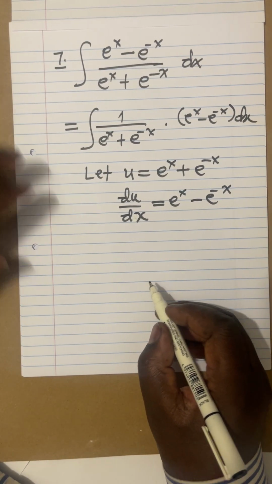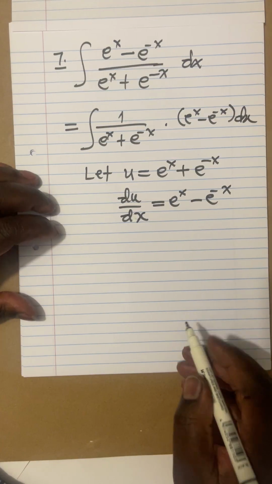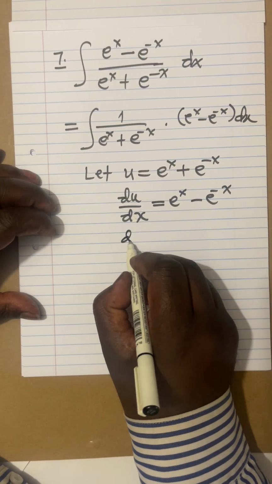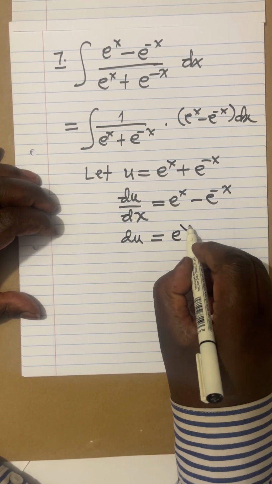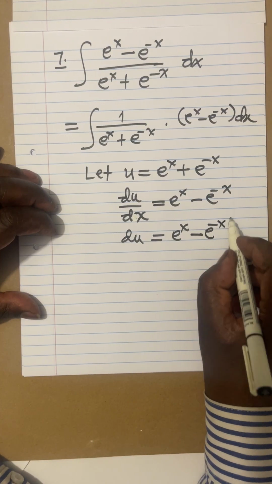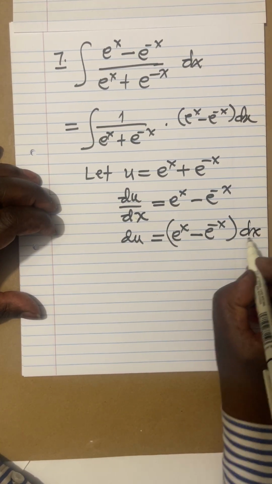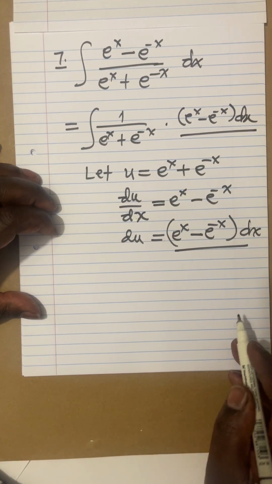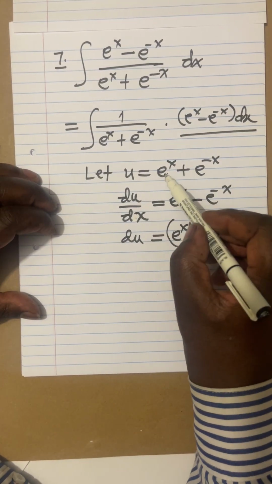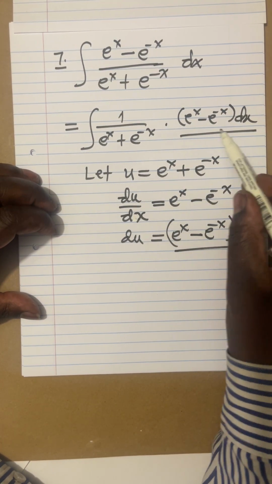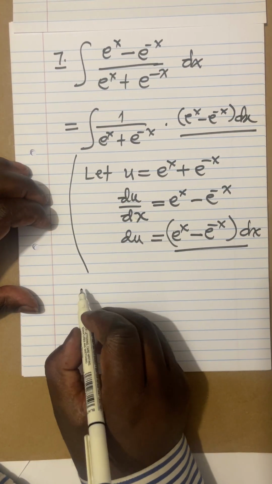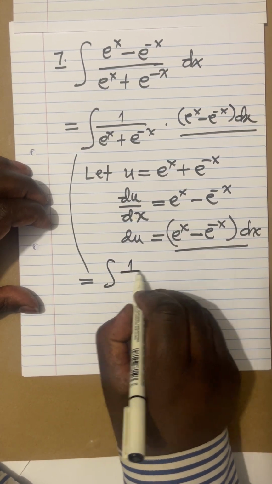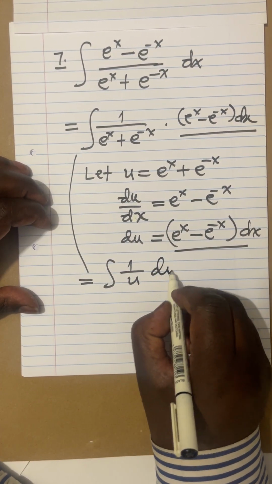Then multiply both sides by dx. You're going to get du equals e to the x minus e to the minus x in brackets dx, and this expression is exactly that one. So I'm going to have 1 over u, because e to the x plus e to the minus x is u, and then du. So that integral changes to the integral of 1 over u du.